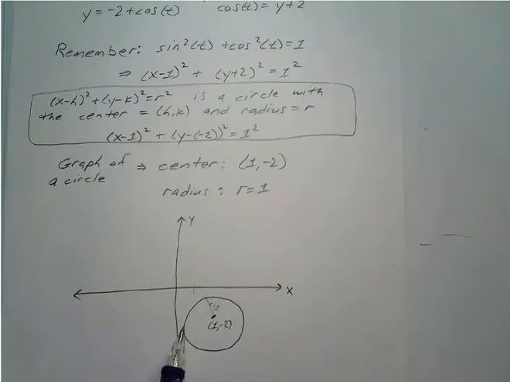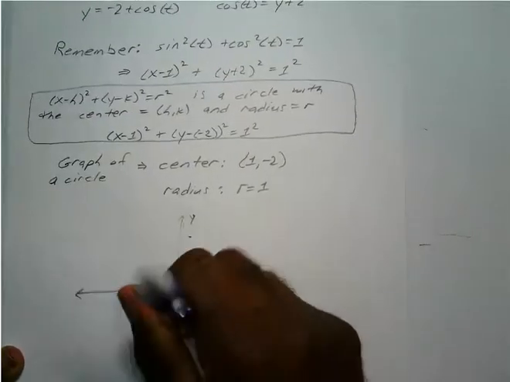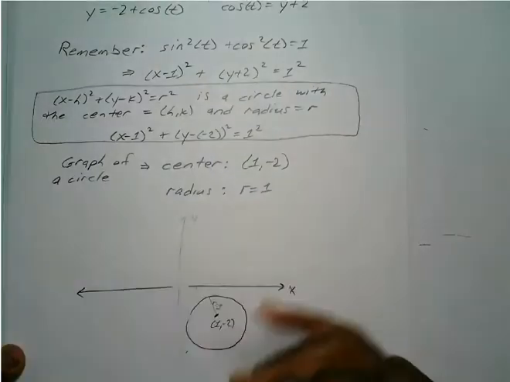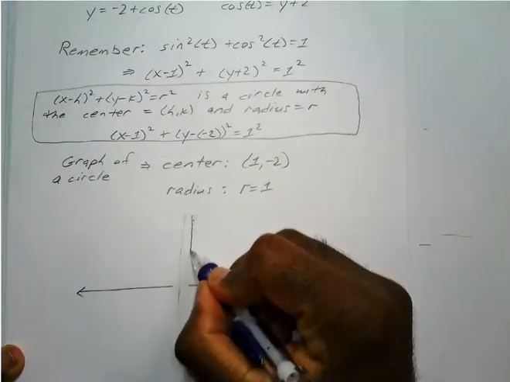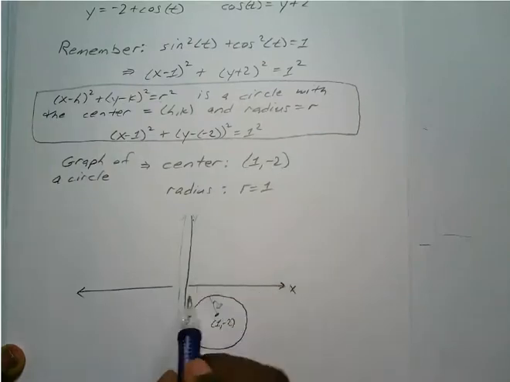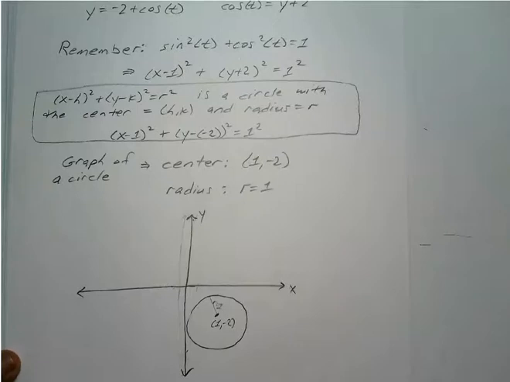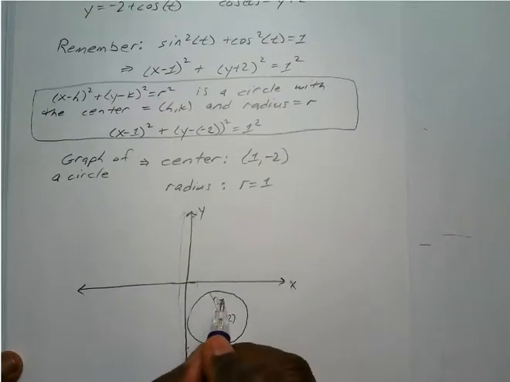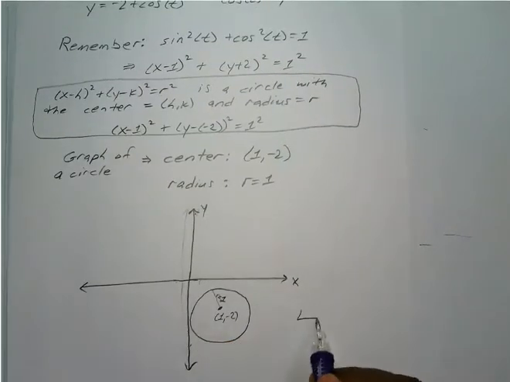And again, that should have touched that, but instead of erasing the circle, it'll just be easier to erase the y-axis. There we go. Okay, so r equals 1 is your radius, and this is a sketch of our parametric curve.